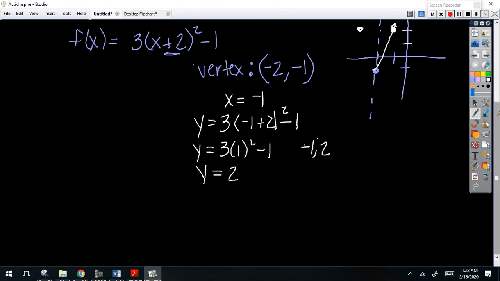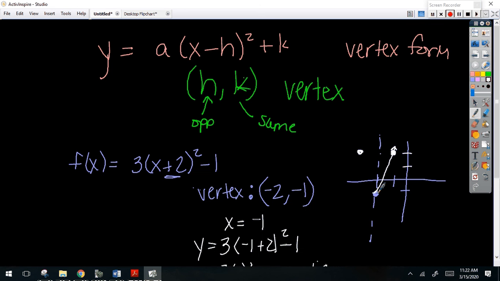And the connection that I want you to see here is that this is exactly the same as if I had transformed this one. It's got a vertical stretch, right? So the graph is skinnier by a factor of 3, and then it's shifted 2 to the left and down 1 because of this, okay?